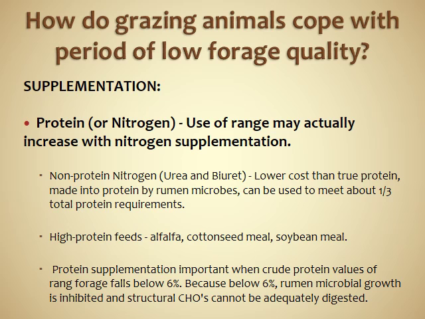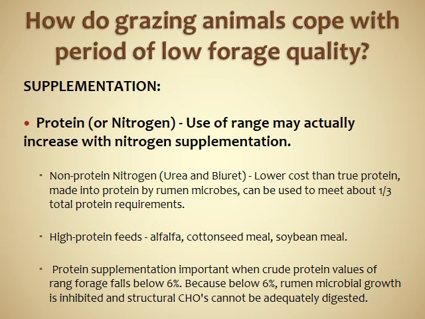They're really low-cost nitrogen forms. They are not true protein, but when they enter the rumen microbes can convert them into true protein. They use the nitrogen, it turns into microbial bodies, which becomes protein to the animal when those microbial bodies are digested. It can meet about 1/3 of the total protein requirement for animals.